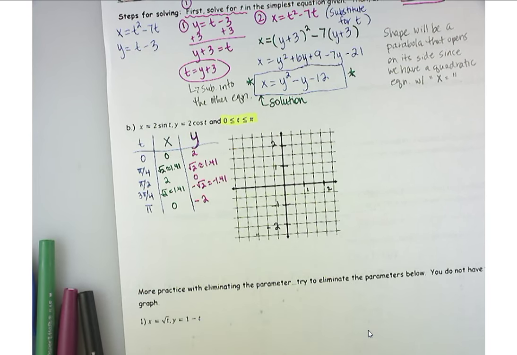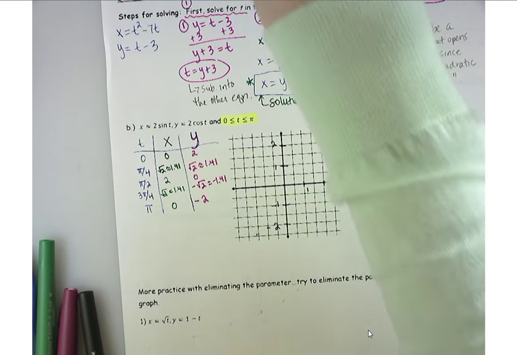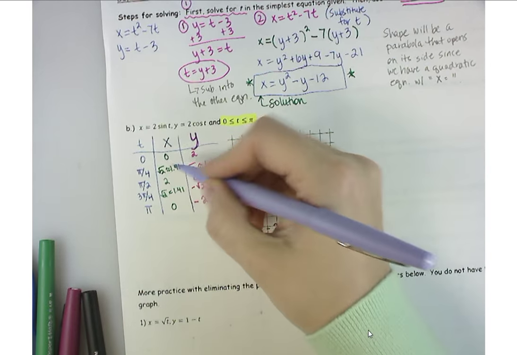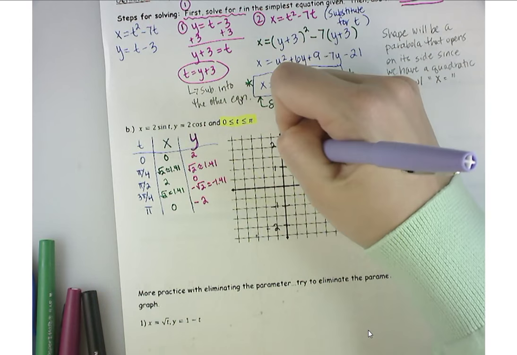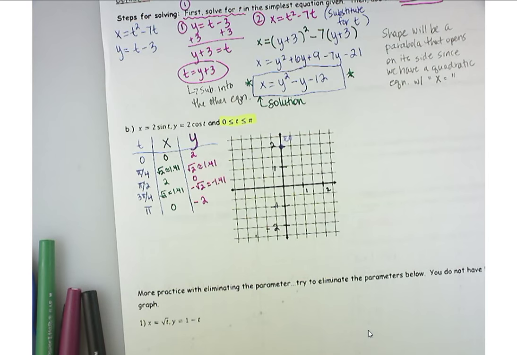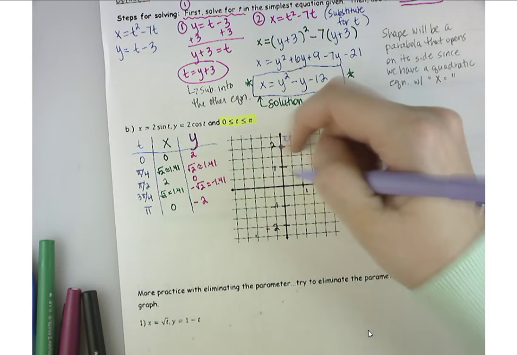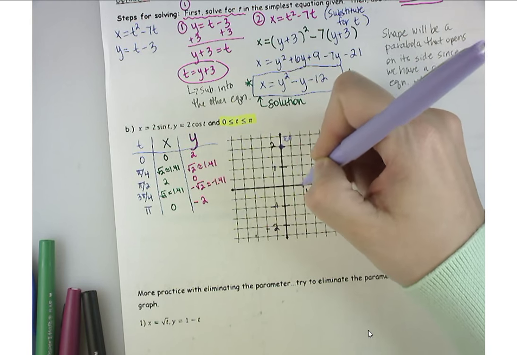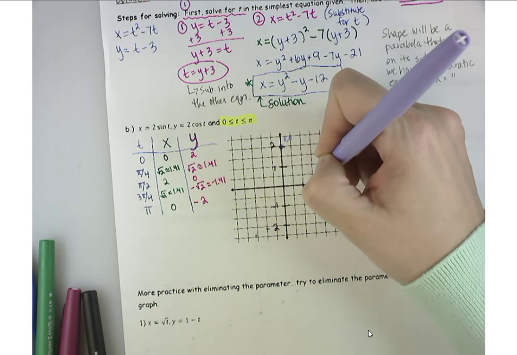All right, so now I'm going to plot my points. The first one I'm plotting is 0, 2, and that's my t sub 0. The next one is 1.41, 1.41. So this is 1.5, so I'd say 1.41 is going to be really close to that.